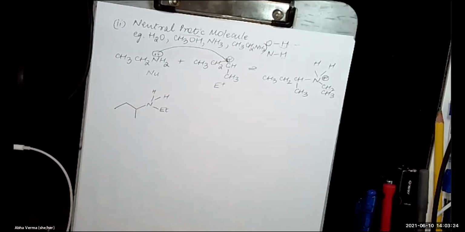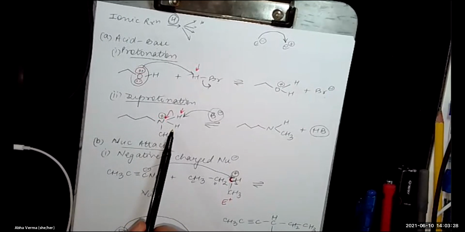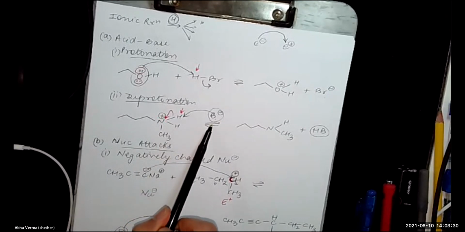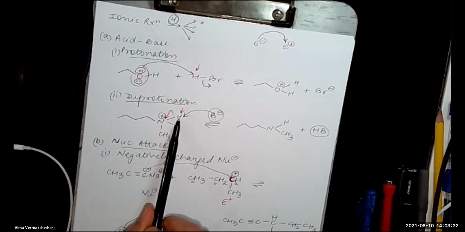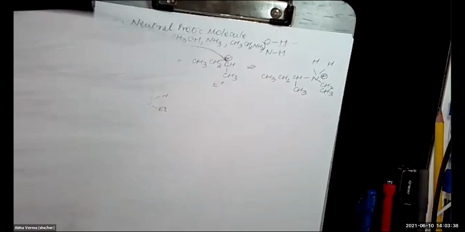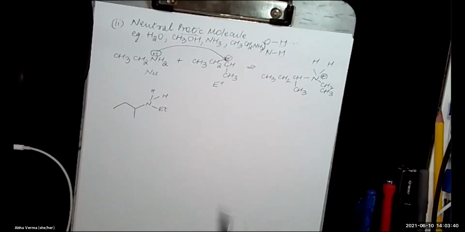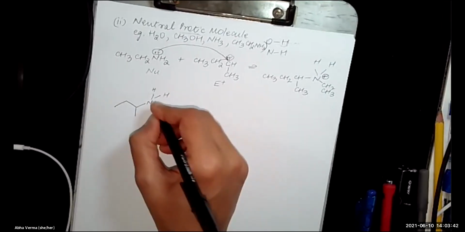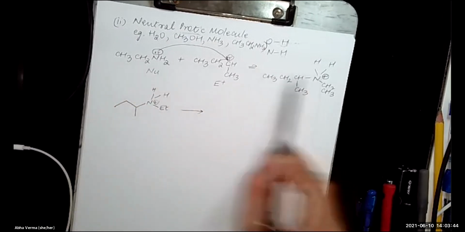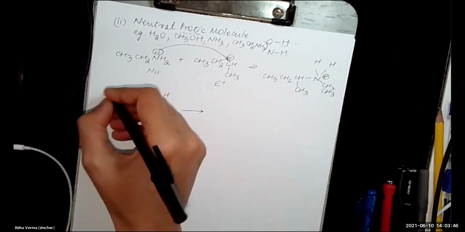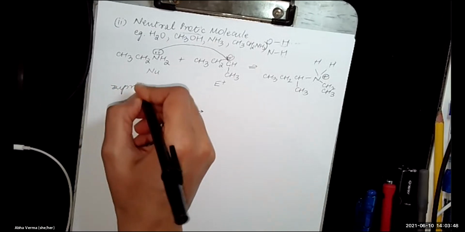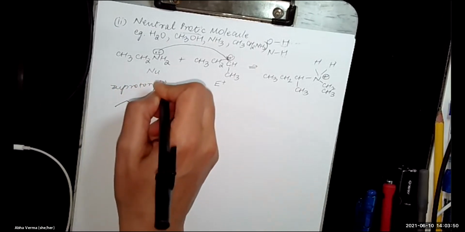So don't forget, we have already looked at deprotonation. An external base can be used to remove the hydrogen to get back your neutral product. And this is a step you cannot just skip. So only this part is your nucleophilic attack. We are now dealing with deprotonation.